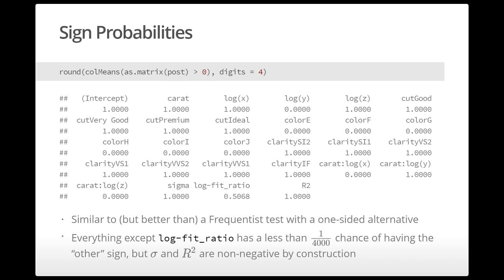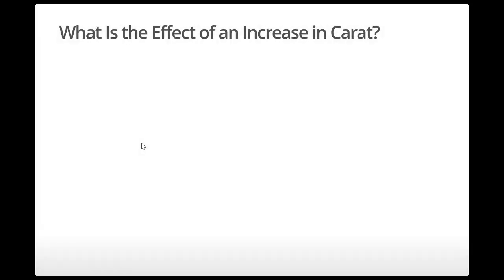Basically, the only one that had any variability was this log-fish ratio, which isn't even really important. But in other situations, you would be able to say, okay, this thing that is theorized to be positive has, under the posterior distribution, a 98% chance to be positive and a 2% chance to be negative. And that is a lot more reasonable conclusion.